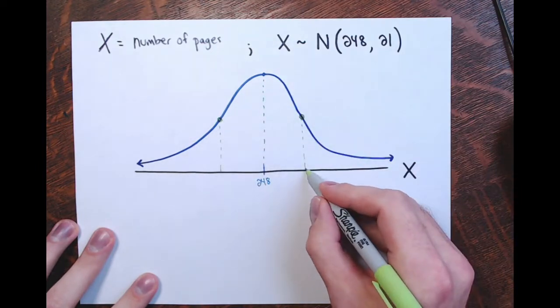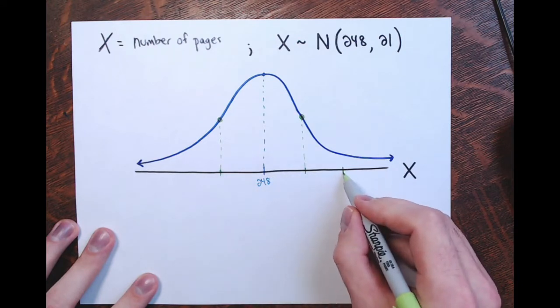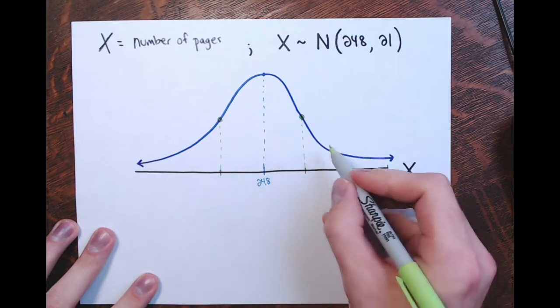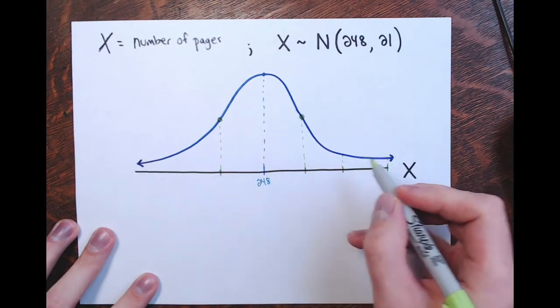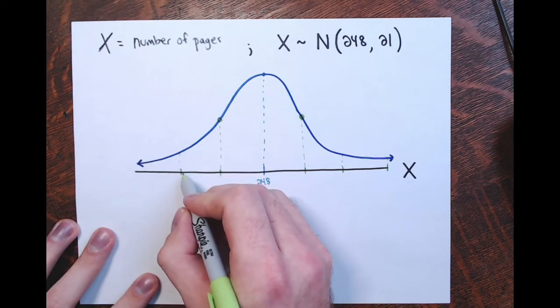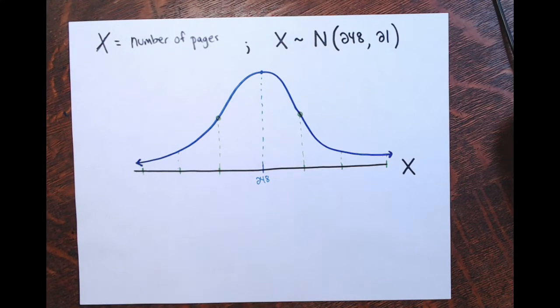So that's 1 above, 1 below, and then we'll go 2 above, and then 3 standard deviations above, and then 1 below, two standard deviations below the mean, 3 standard deviations below the mean, and I'll mark off what these values are.